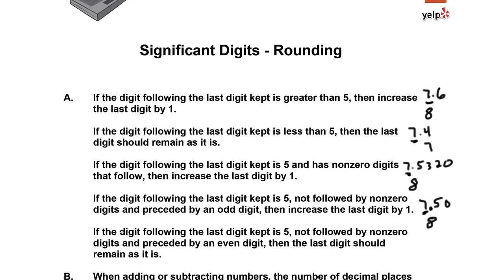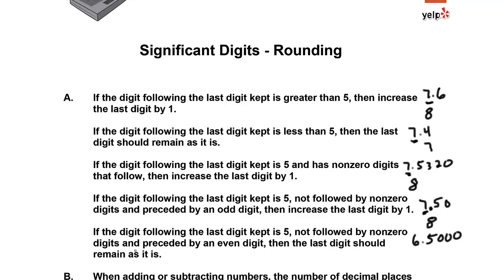But the last statement here says if the digit following the last digit kept is 5, not followed by non-zero digits, so again, let's just say 6.5000. It's not followed by non-zero digits. All right, so we can follow it with 0 digits, but not with non-zero digits. And it's preceded by an even digit.